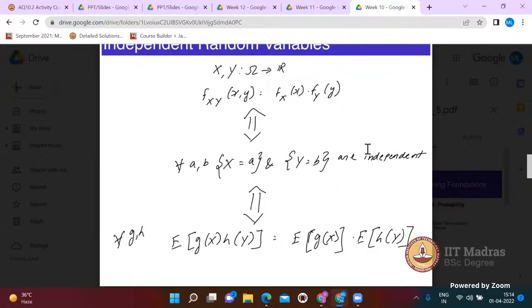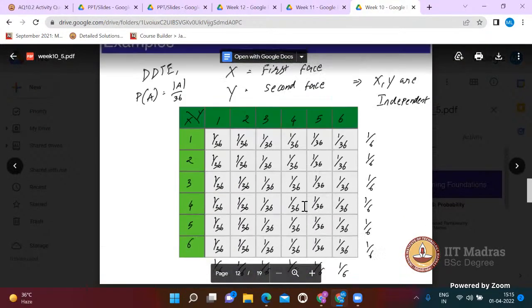There is no error in that portal; the question is correct, and the options are also correct. If the product value equals the probability of x equals x times the probability of y equals y, and it is true for all the values, then you can say it's independent. If that is not true for even one value, it's dependent, not independent.